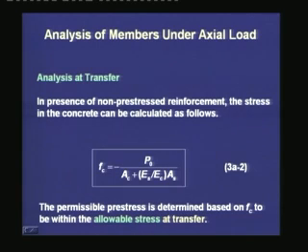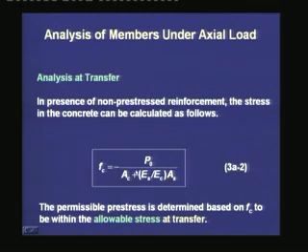In presence of non-prestressed reinforcement, the stress in the concrete can be calculated as follows. The stress is given by the prestress at transfer divided by a transformed area, which is equal to the area of the concrete plus the modular ratio of the reinforcement steel times the area of the reinforcement steel.